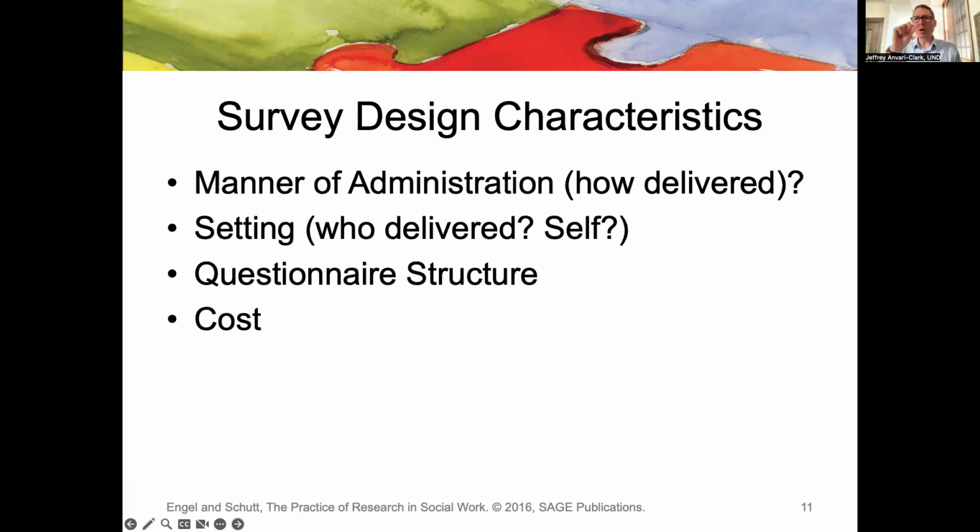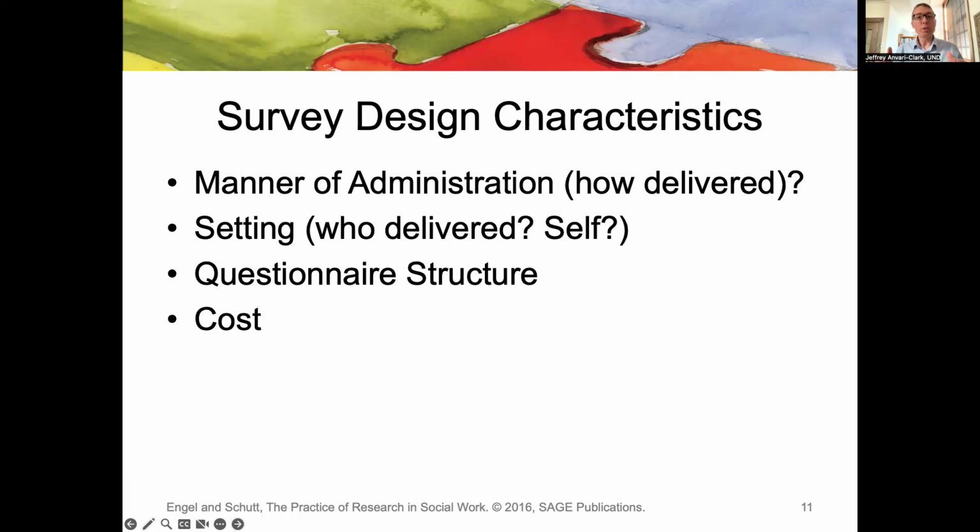Do you have a little bar at the top of the screen that indicates what percentage done you are? These types of things. Are there some follow-up questions if you answered yes? Those are things to address, and it can be expensive or relatively cheaper, depending on how you go about doing this survey.